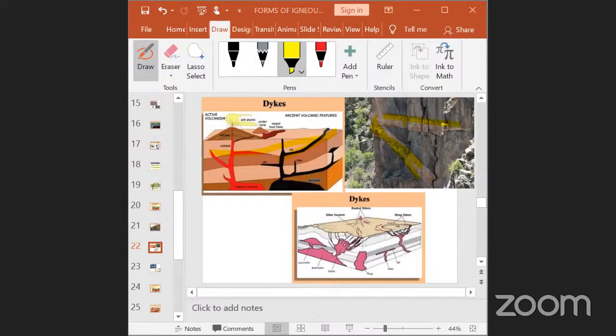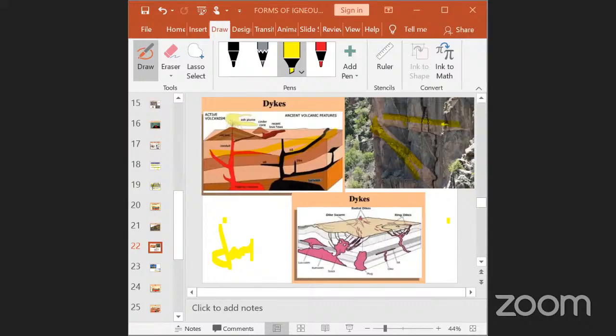Dikes are important from the civil engineering point of view for the following reasons. They are undesirable at the sites of foundations of dams, because they introduce heterogeneity in the region and their sides turn out to be weak planes.